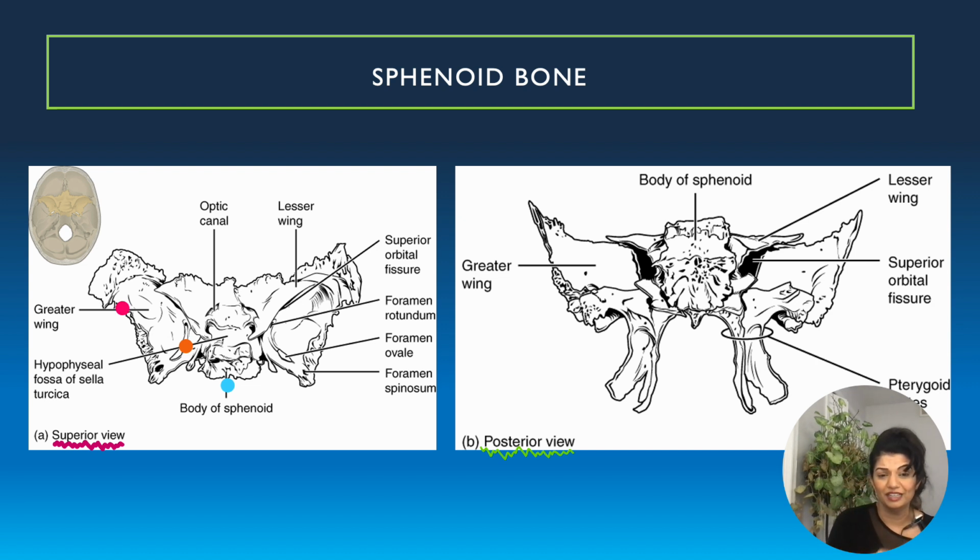Okay, then we've got the greater wing. So it's got this broad sort of wing-like appearance. And then, of course, we've got the optic canal, and that's going to be situated right above that sella turcica area. Then we've got the lesser wing. So again, it's sort of in the wingspan, but this is going to be a skinnier version, essentially.